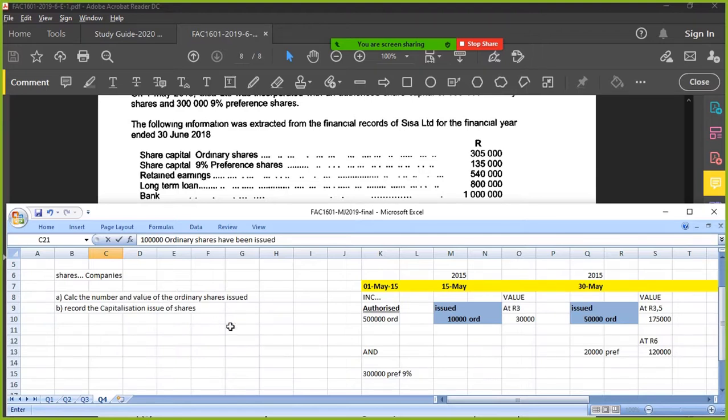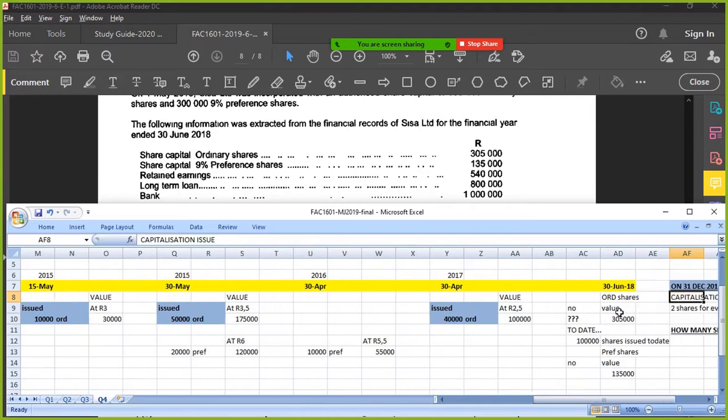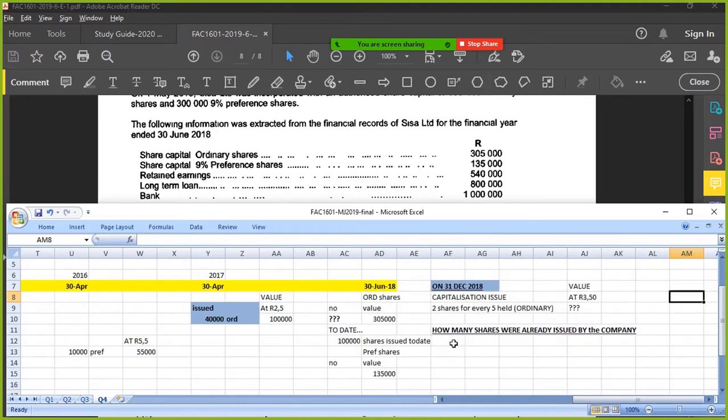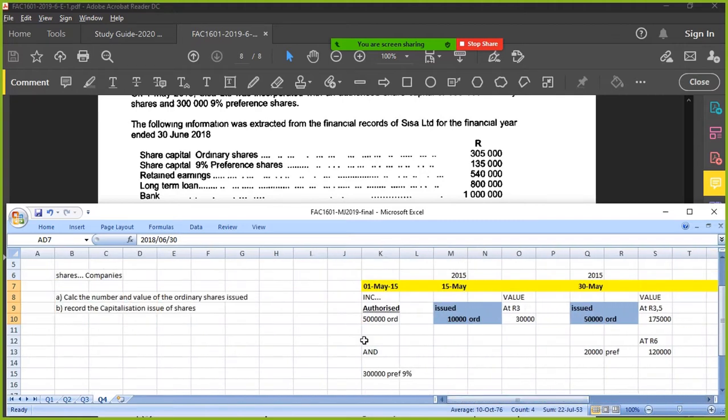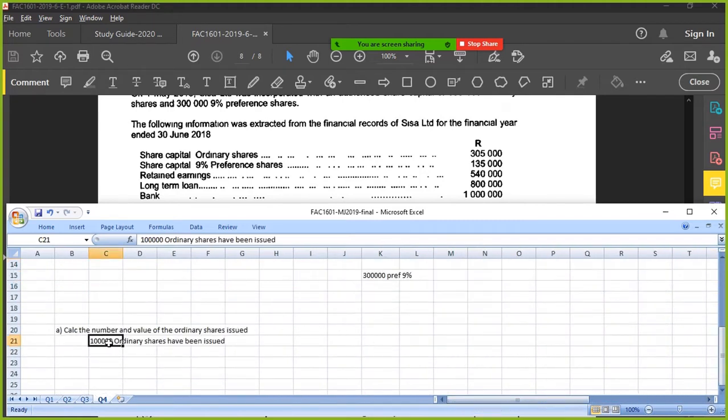And the value of the ordinary shares issued. The value of the ordinary shares would be what they had earlier here, 30th of June 2018. There's 30th of June 2018. So they issued shares worth 305,000.